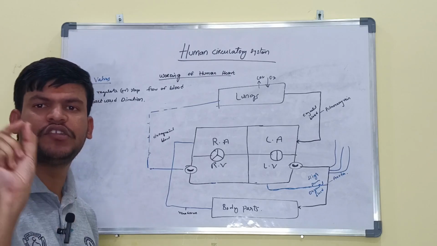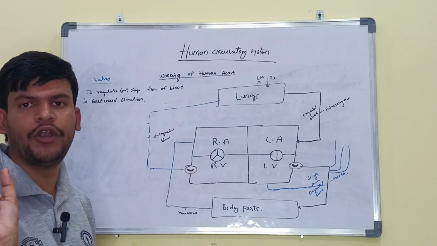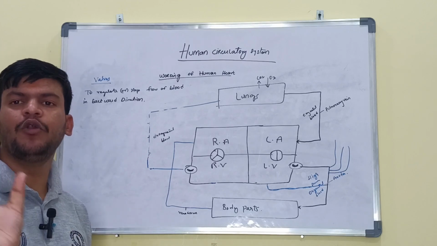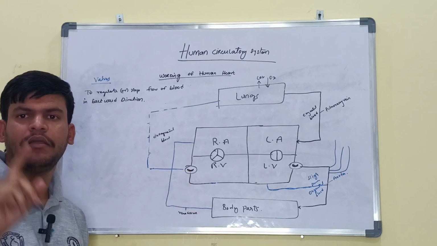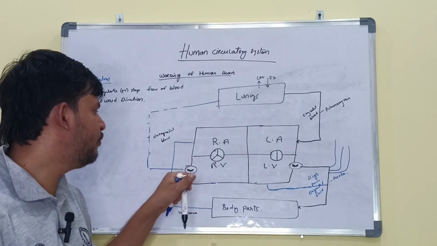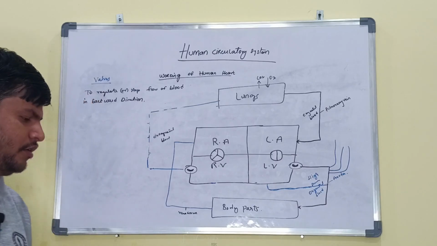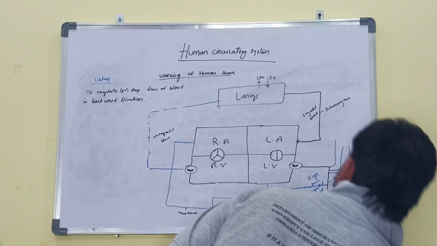Semi means half of the circle, and lunar means moon. The valves look like a half moon. That's why they are called semilunar valves. This is the main purpose of valves.